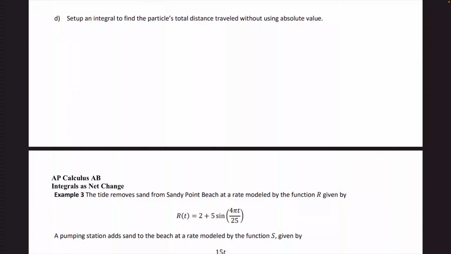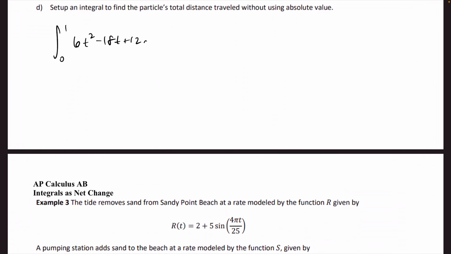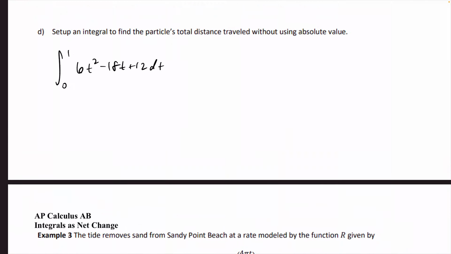So the first one was from 0 to 1, minus 18t plus 12. Oh, we actually haven't read it. We actually gotta set it up. We don't have to solve it. We know the answer. It's going to be 6.